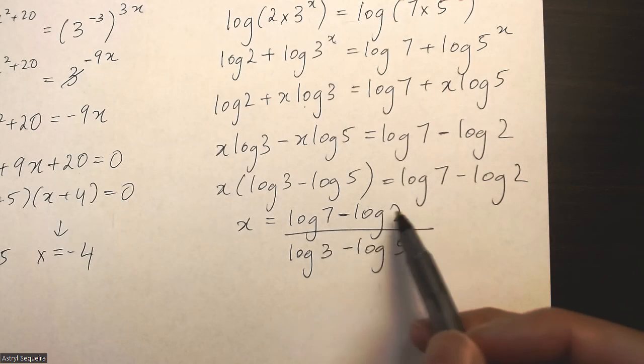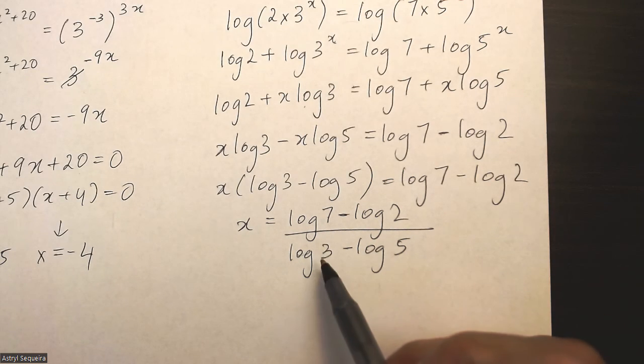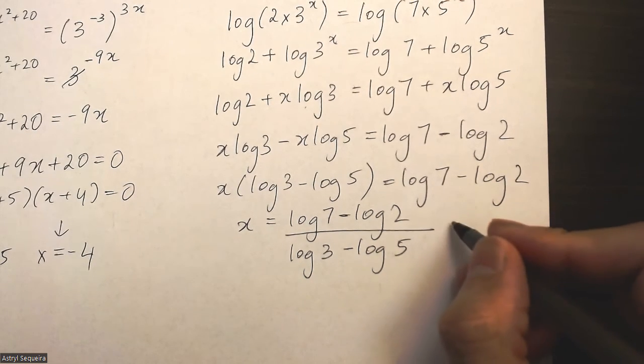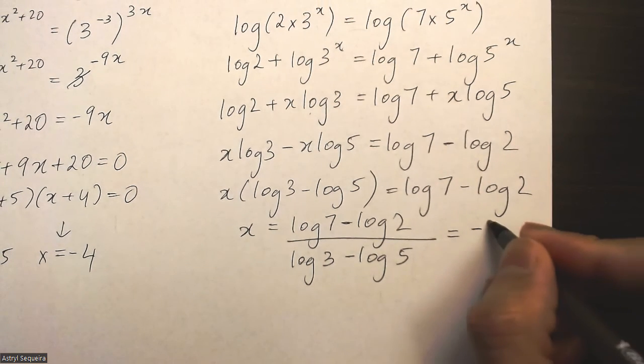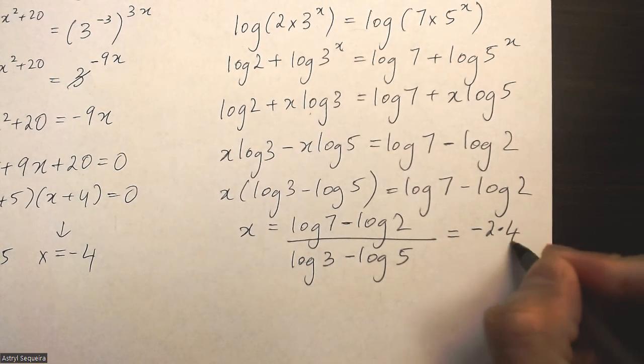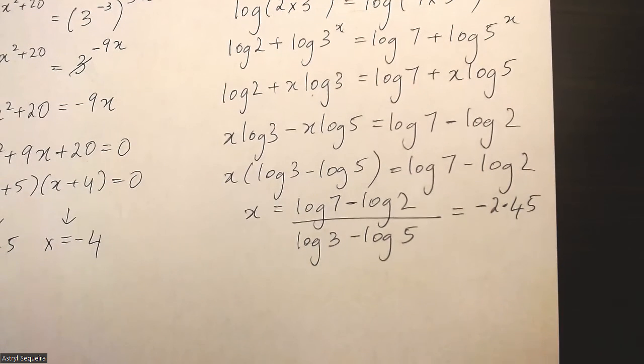For example, you could just divide these two numbers and these two numbers, and you could combine the logs using log rules, but this is generally acceptable for a final answer. If you're allowed a calculator, you can put this in your calculator. And if I do that, I will get negative 2.45 if I round to 2 decimal places.